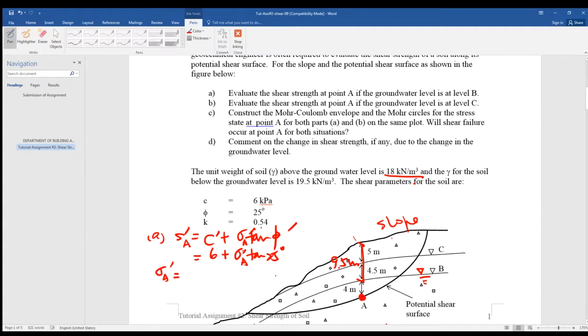Above the groundwater is 18, right? So 18 times what? 9.5, right? Now, and then you have to come to that 4 meter below the groundwater table, right? Here.